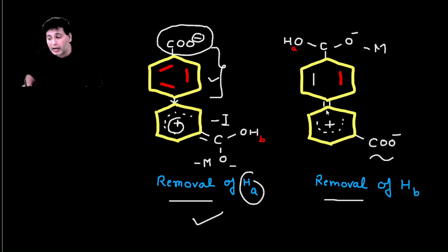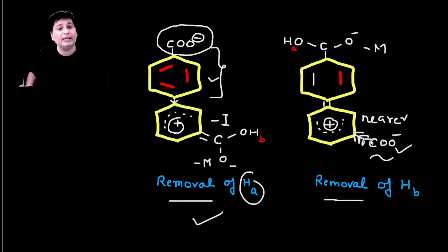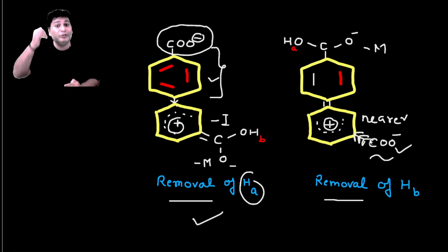The plus charge could percolate inside the lower ring, and then you can see the plus comes much nearer to this carboxylate group, and could attract this minus charge significantly to distribute the minus charge in a better way. The more you delocalize the minus charge, the higher will be the stability of that conjugate base, and the hydrogen associated with that carboxylate will be more acidic in nature.